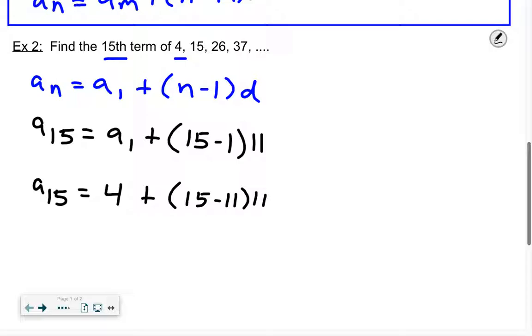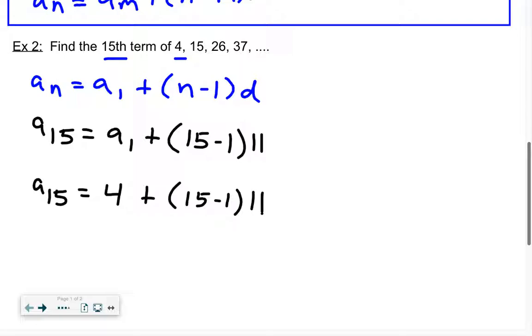So let's take a moment and just look at this real quick. We have a lot of numbers up on the board. We filled in a lot of pieces. Again, understand with sequences, there's always two parts. It's what's the value that's on the domino, and then which domino are we looking at. This a sub 15 indicates that we're looking at the 15th term.